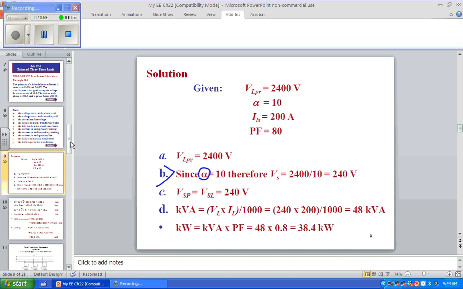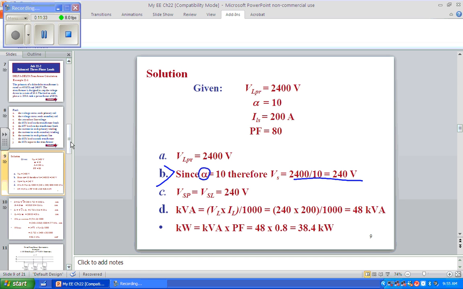Therefore, there we go, the voltage ratio. All right, it's 2400 to 10. Since our line primary voltage is 2400 volts, that is the 1, and our 10 would be below that, so we would wind up with a 240 output because of the 10 to 1 ratio. All right? Everybody okay with that?